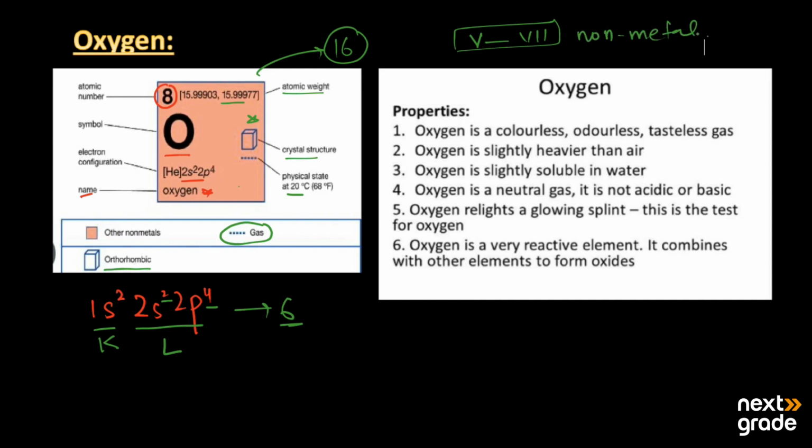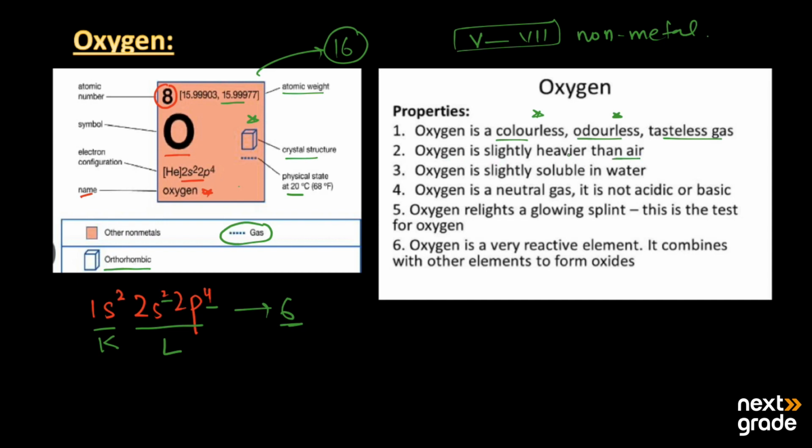Here we have some properties of oxygen. Oxygen is a colorless, odorless, and tasteless gas. We cannot see it by color, we cannot smell it, and it is tasteless. Oxygen is slightly heavier than the air.